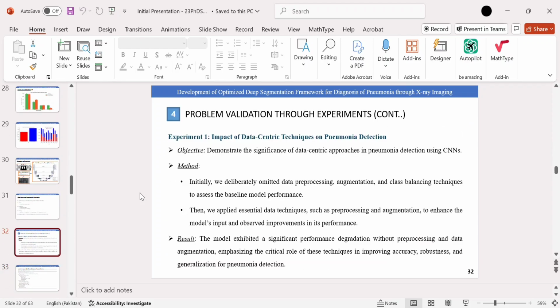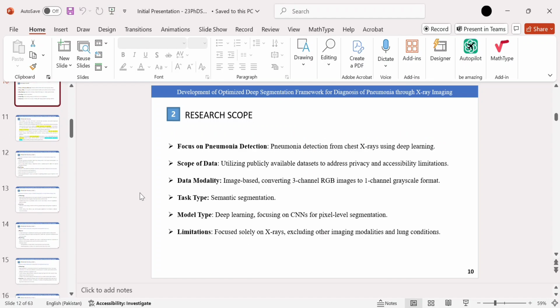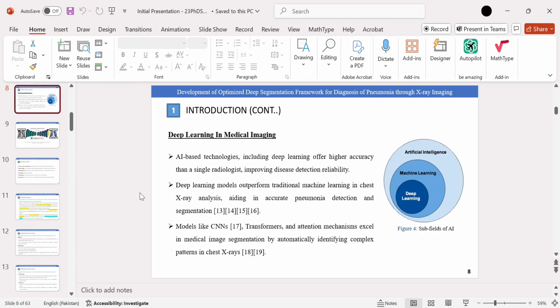Another question can arise here: why are we not using a machine learning model, why are we using a deep learning model, and why are we using convolutional neural networks and not the latest technologies like vision transformers and attention mechanisms?